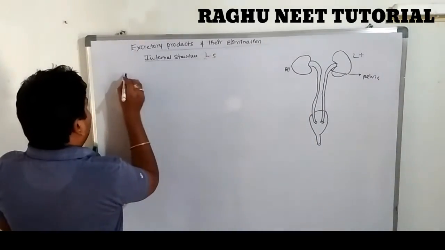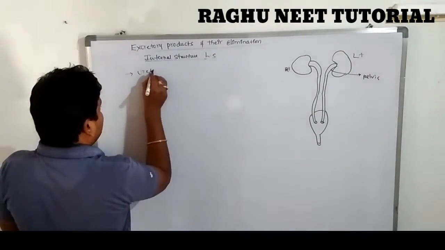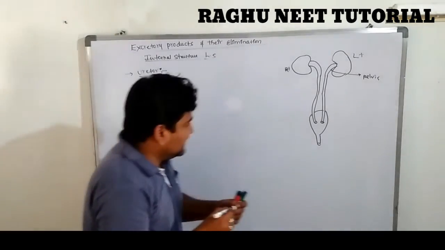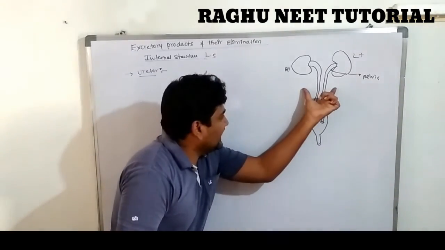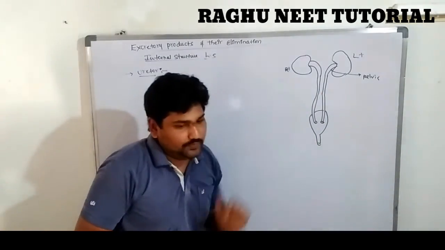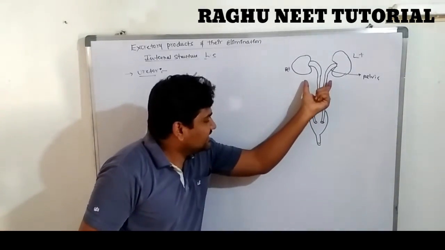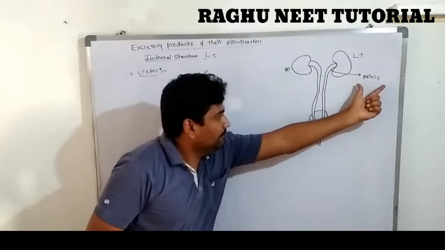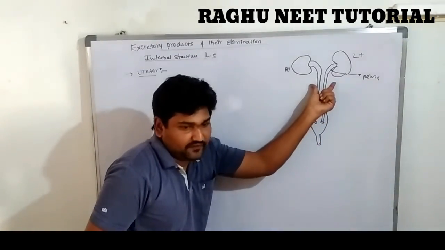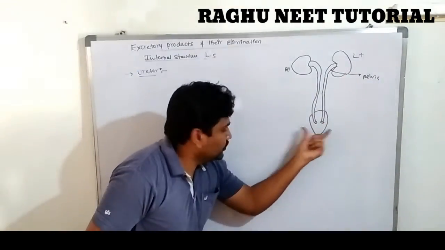So what is the ureter? Very, very important. Ureters are paired in number. They are cylinder-like, whitish tubules emerging from the pelvis region. They collect urine from the pelvis and lead it into the urinary bladder.